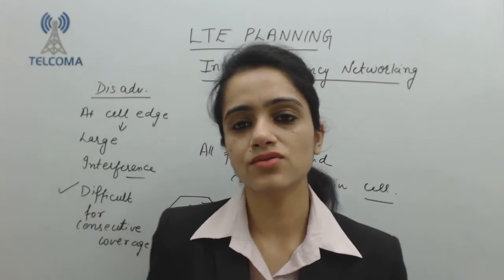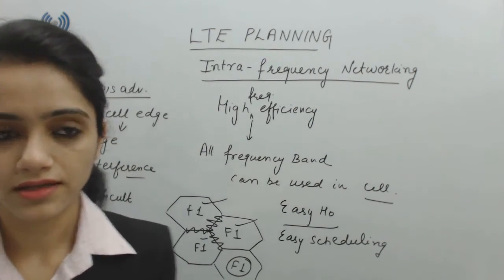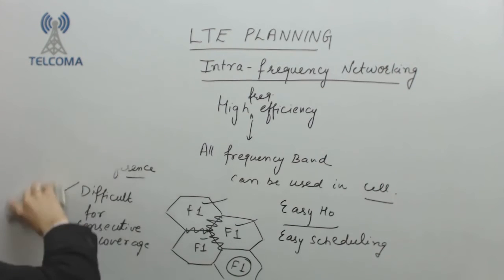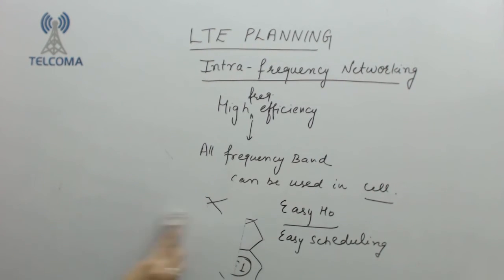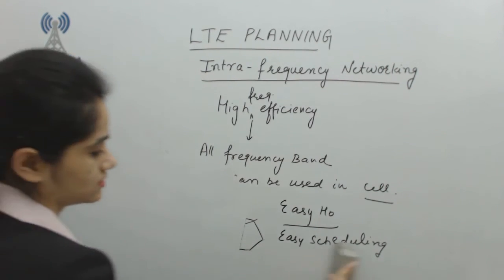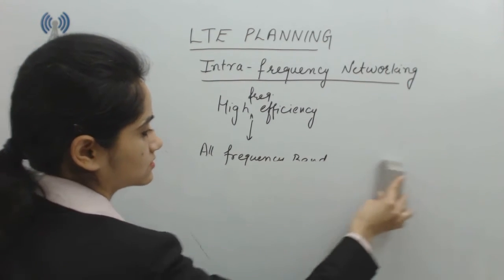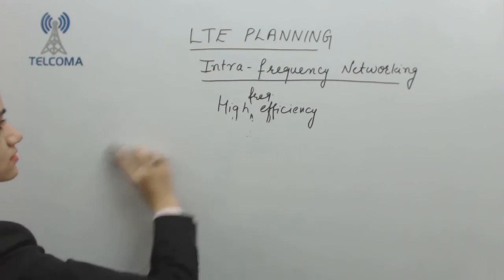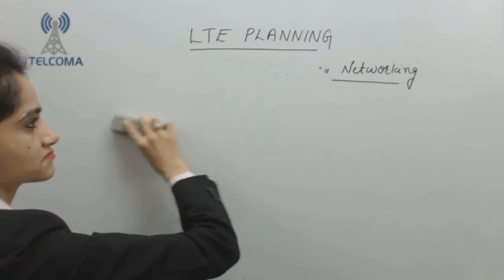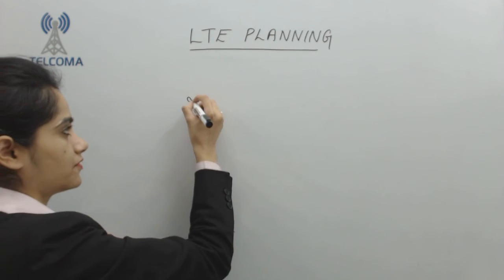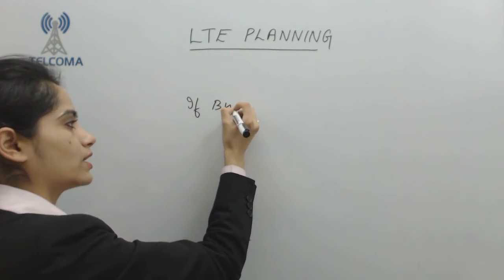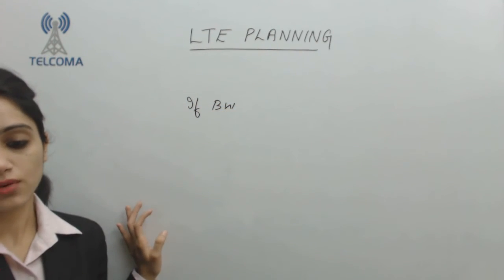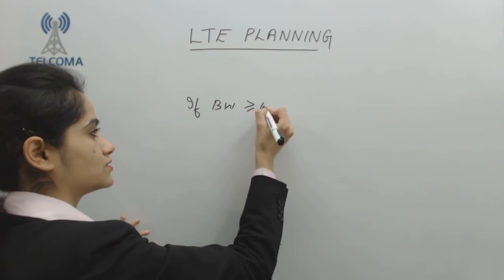Now where can we use these intra-frequency networking procedures? That means its usage. We can use intra-frequency networking if the bandwidth allocated to me is greater than or equal to 10 megahertz.